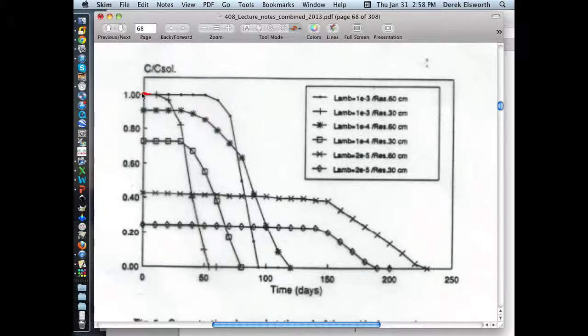Therefore you get a high concentration initially, but because you have a high concentration going into it, it's depleting quickly as well, and so it falls off to some background to zero concentration quite quickly.